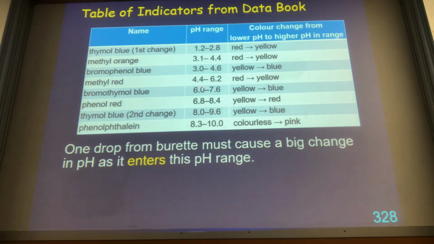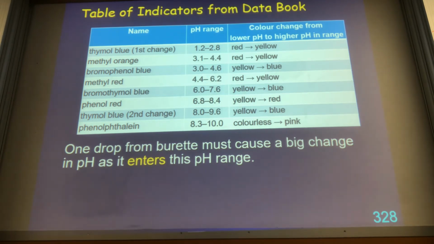So what you need, if you've got a solution at pH 6.3 and it's a basic solution, you're adding acid to it, so the pH is going down. You're starting off at the base end, so you've got a yellow solution. Now you want this pH range to be the one where adding 1 drop at this point is going to drop the pH significantly into that pH range.